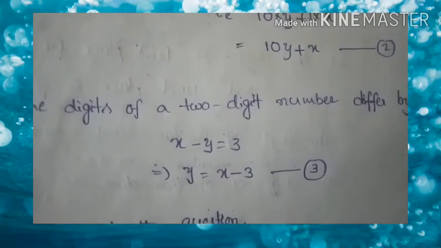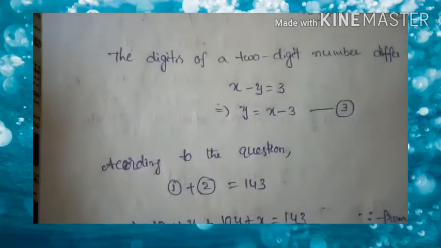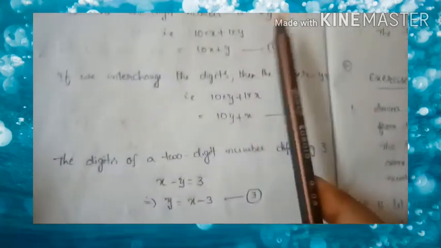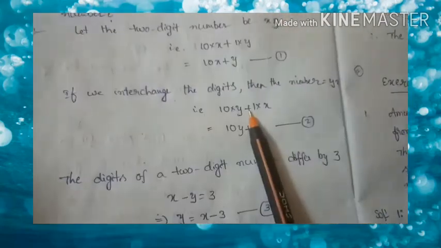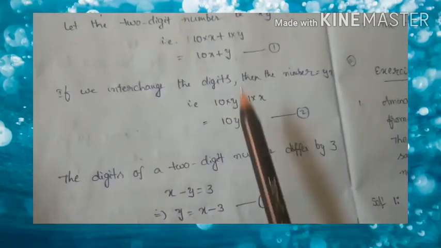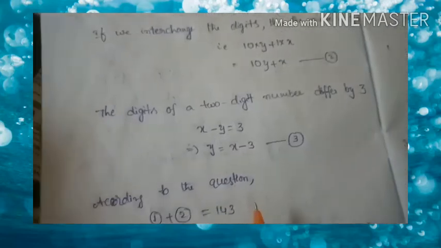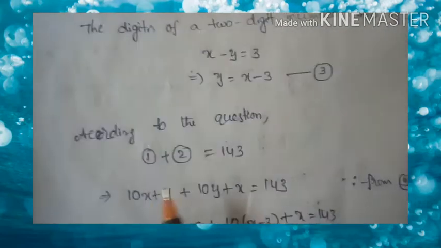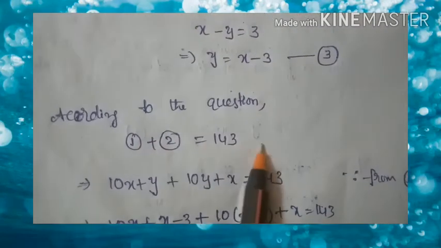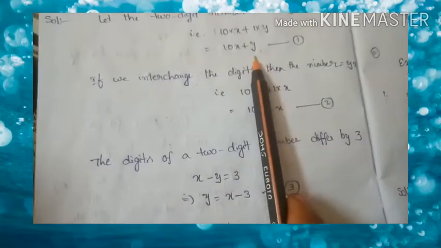This is 3. According to the question, if you add 1 and 2, that means the original number and the new number with interchanged digits, you will get 143. So 1 plus 2 is equal to 143. What is 1? 10x plus y.